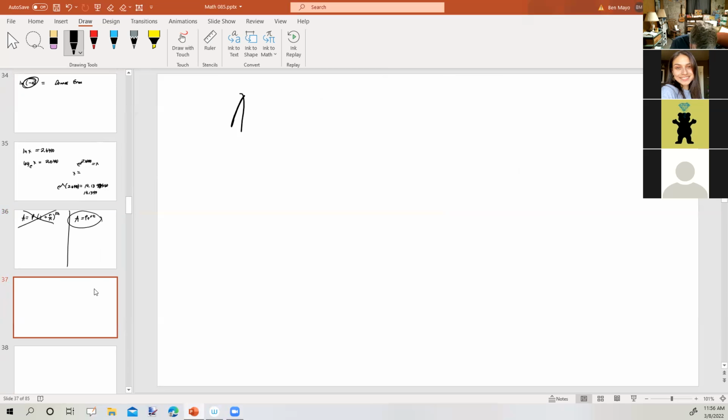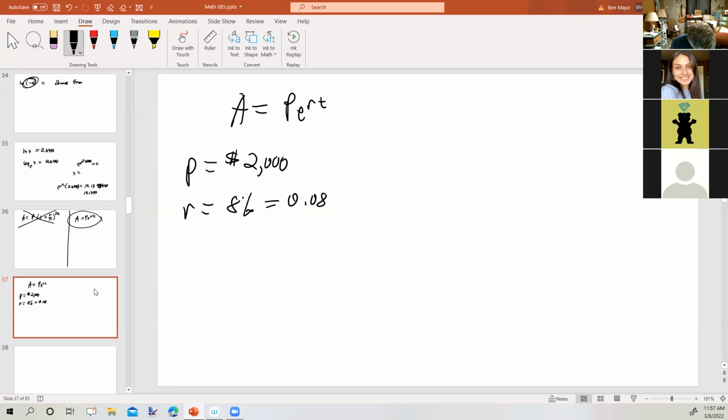Okay, so an initial investment of $2,000, so that's P, earns 8% interest, so that's r, which we convert into a decimal, compounded continuously. What will the investment be worth in 15 years?